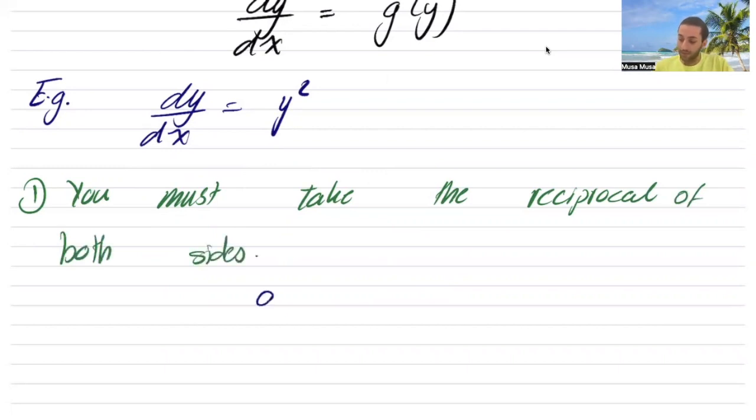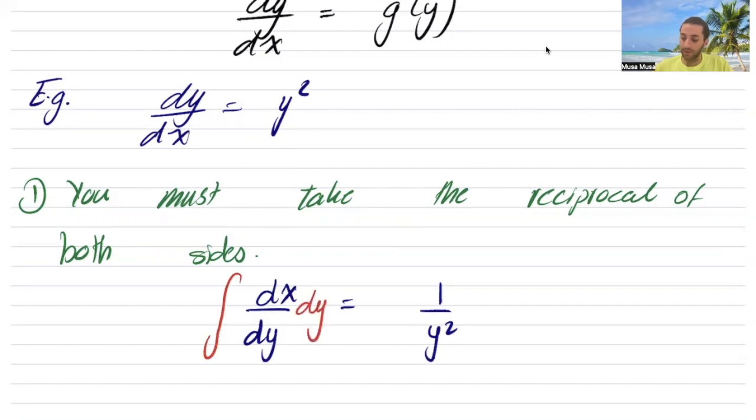So what do you get now? You get dx on dy equals 1 over y squared. Now, I'm going to integrate both sides with respect to y.